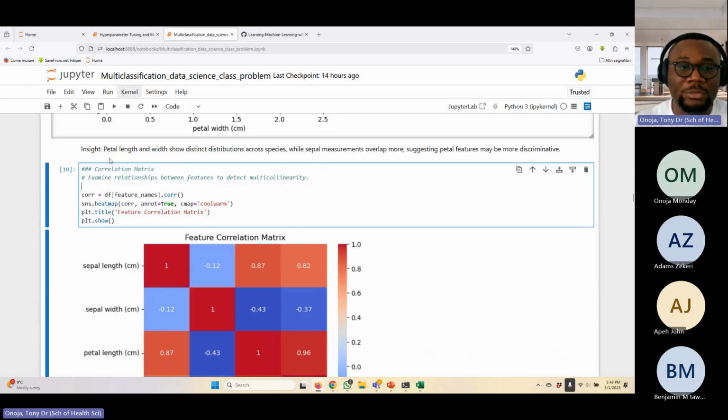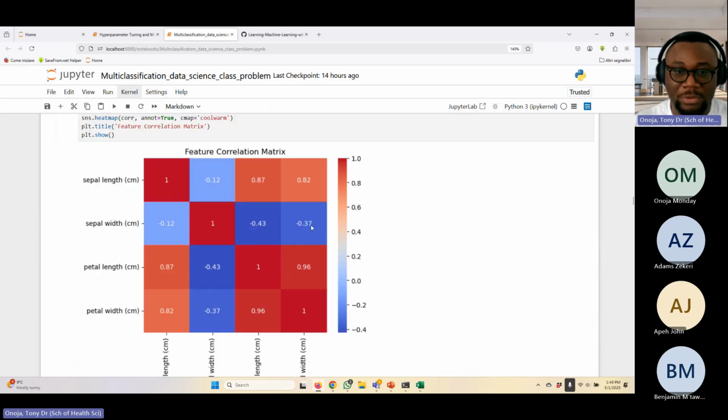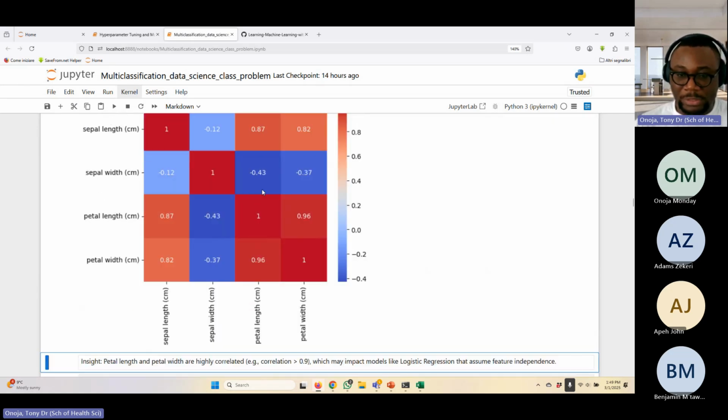Another thing we do now is to plot the correlation to see how the heat map is distributed, and whether there is the presence of multicollinearity. Again, we could see that the petal length and width seem to be highly correlated, about 0.96.